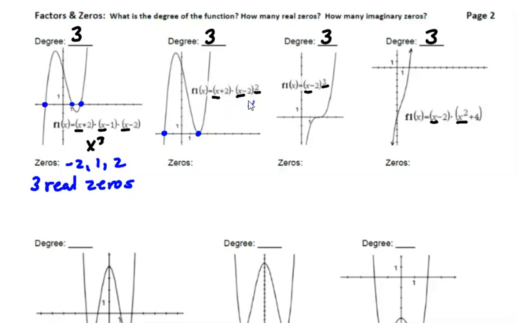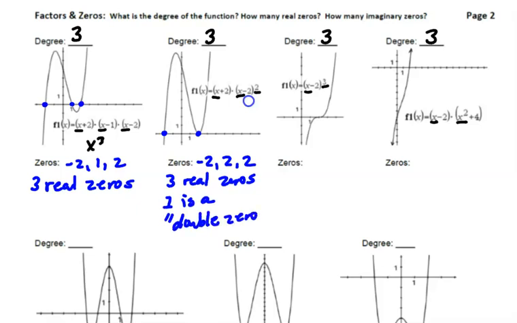So we would list our zeros as -2, +2, +2. So there are still 3 zeros in a degree 3, it's just that some are repeated. So we still have 3 real zeros, but one is a double zero, or we would say a zero of multiplicity 2.